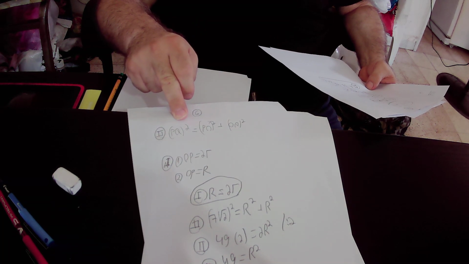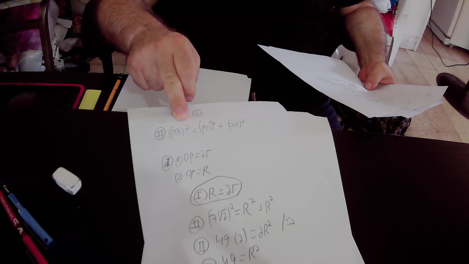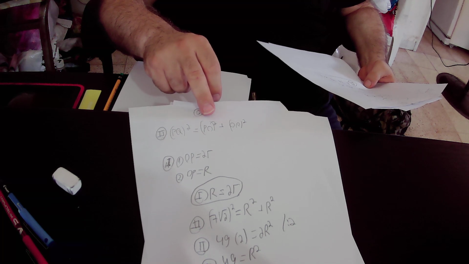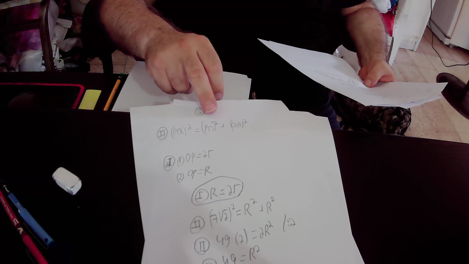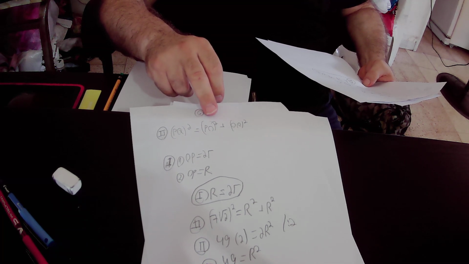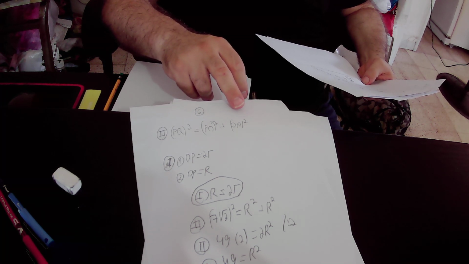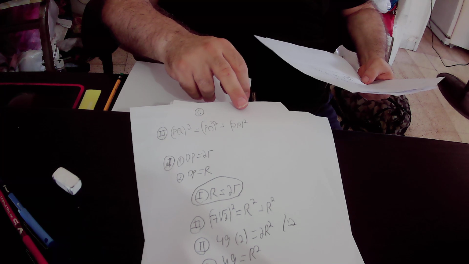PQ equals 7 times root 2, we squared it, and it equals PO squared, where PO equals R, so it is R squared, plus OQ squared, which is also R squared, because OQ also equals R.